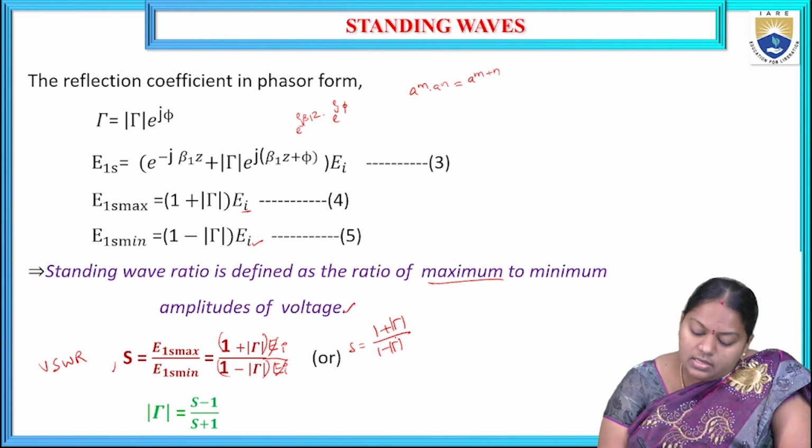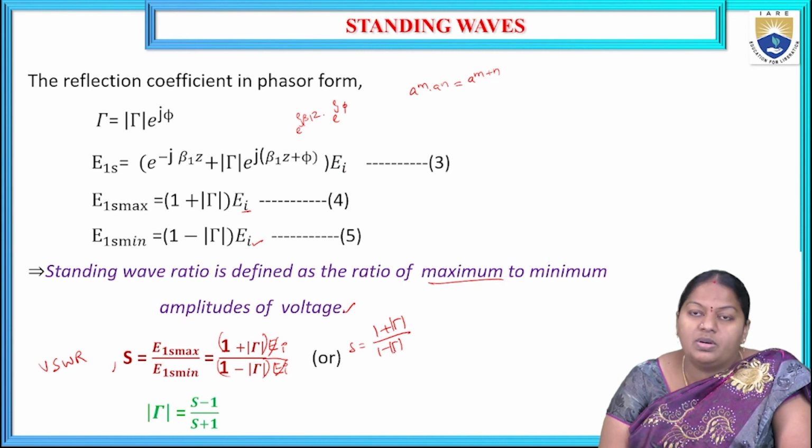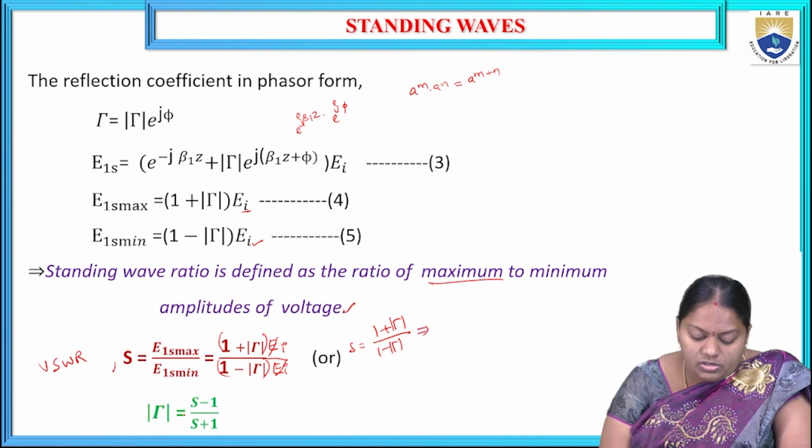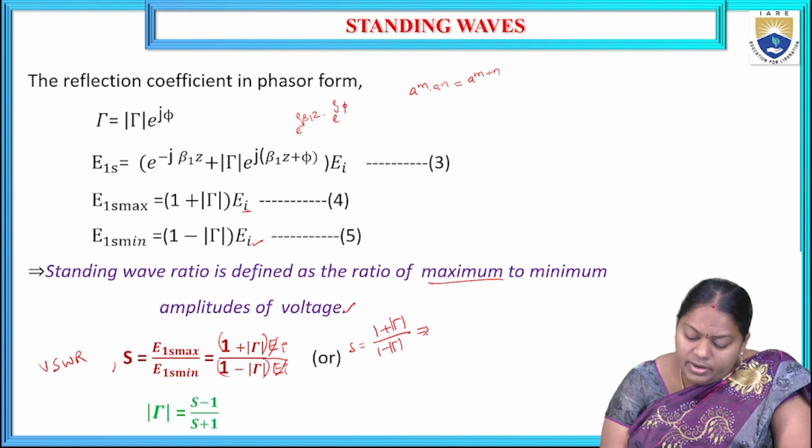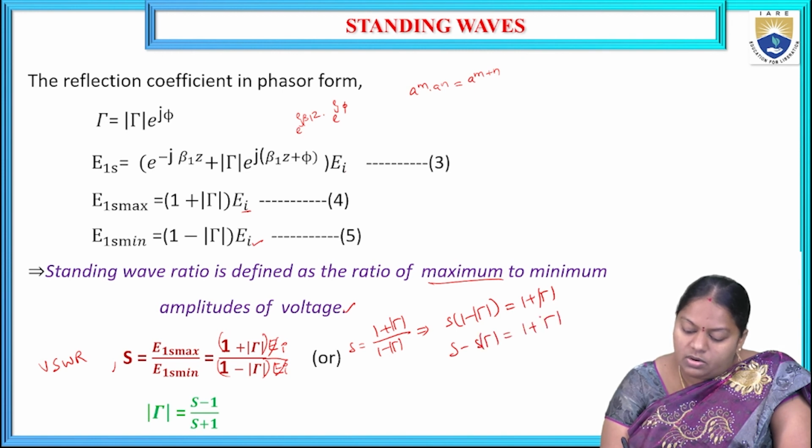So S is equal to 1 plus gamma by 1 minus gamma, and from this we want to write the equation for the modulus of gamma. S into 1 minus modulus of gamma equals 1 plus modulus of gamma. Now S minus S into modulus of gamma equals 1 plus mod gamma.